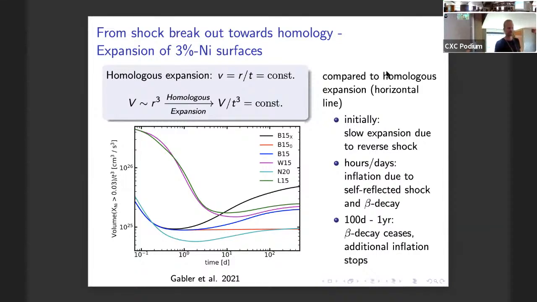Yeah, so the issue is that in our simulations, we have a simplified network for the calculation of the nucleosynthesis. So we have a tracer where we put in some of the heavy elements. So for example, first of all, one version was without beta decay, which is the red curve here. So you don't see any inflation. And then the model, which is calculated by our network and also by our neutrino transport.